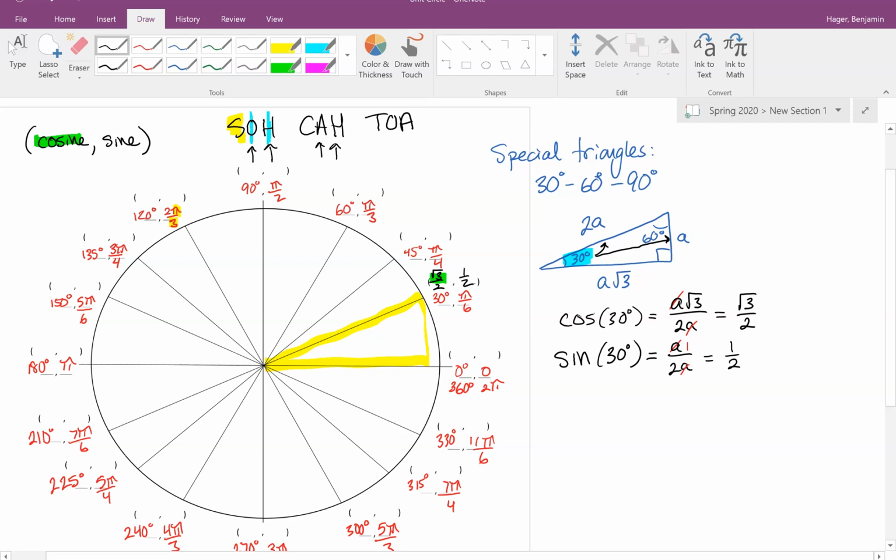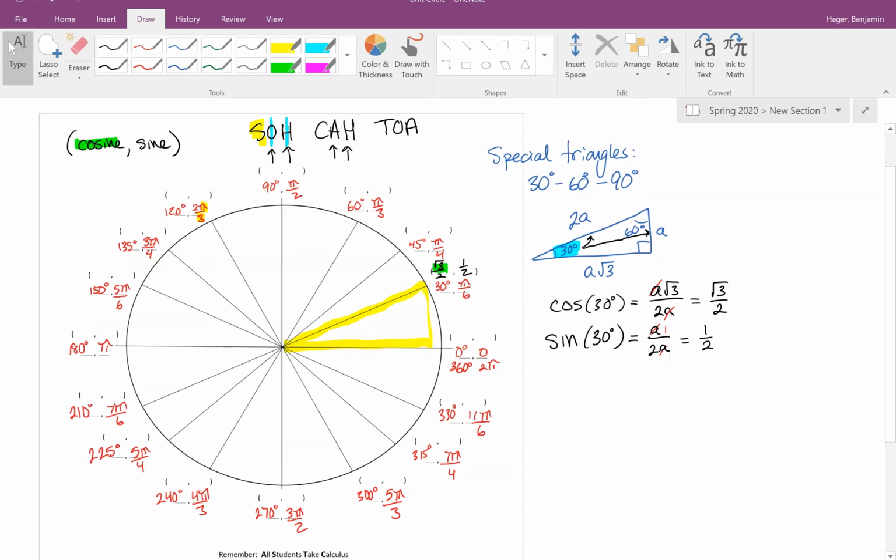Okay. Well, here's the beautiful thing about reference angles. Sine and cosine of 30 are consistent, but they're also going to be exactly the same for every single angle on the wheel that has a reference angle of 30. Okay, so envision this. Take this slice of pizza and flip it over onto this side.